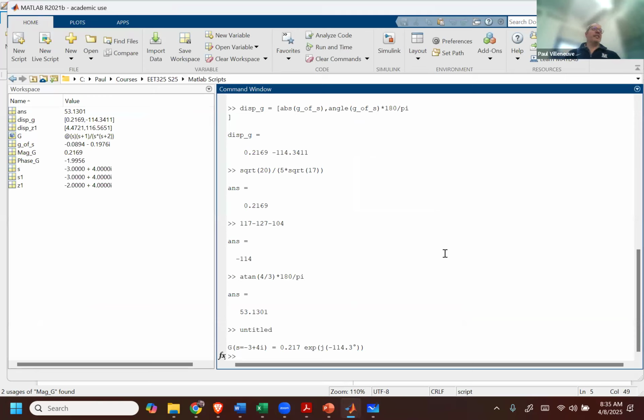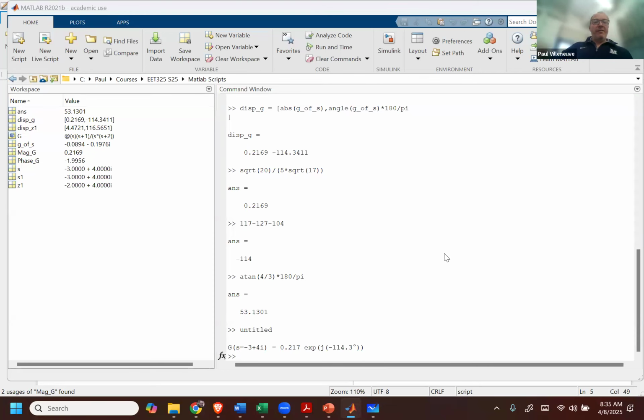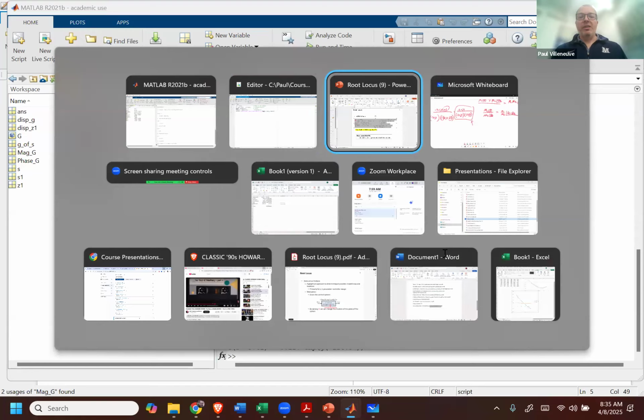So that just prints it nicely, right? So the value G at S equals -3 plus J4 is equal to 0.217 e to the minus J 114.3 degrees. Okay. So if you want to do with inline functions, that works really well also.